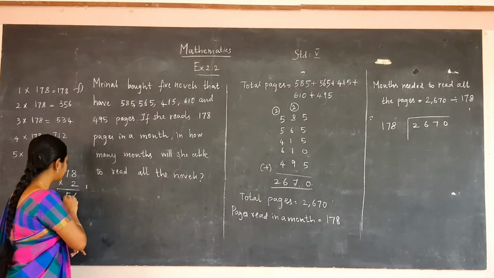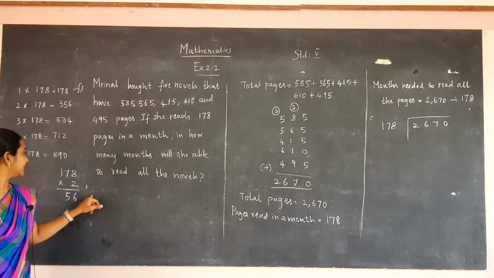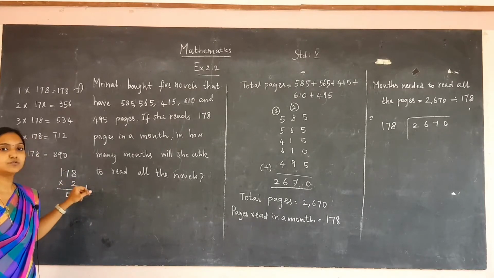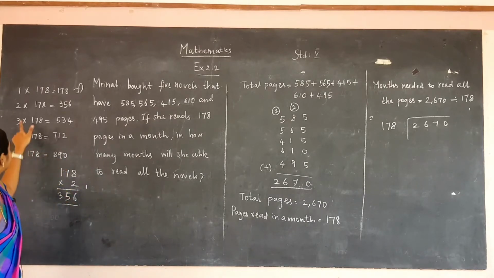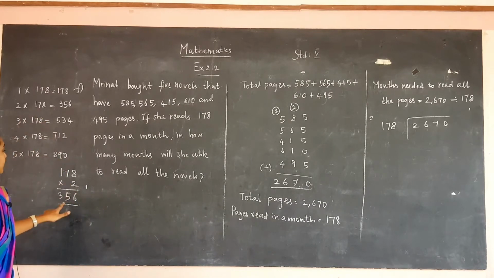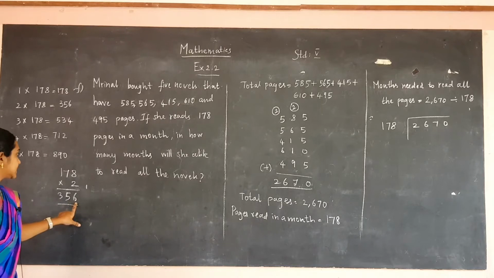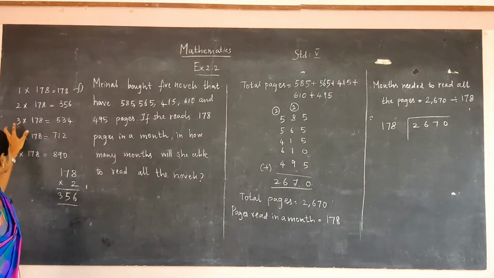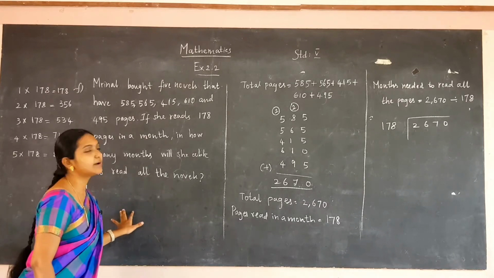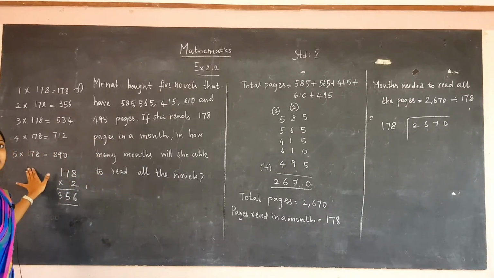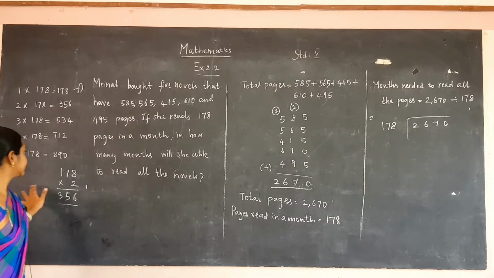So put 5 here and 1 will be remaining. 1 into 2 will be 2. 2 plus 1 will be 3. So 2 into 178 equal to 356. Now likewise we have to multiply 3, 4, 5. I have multiplied only till 5. If needed, I will multiply and write it.